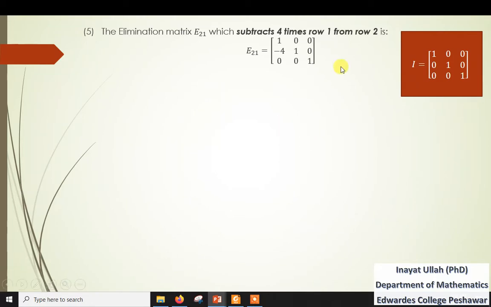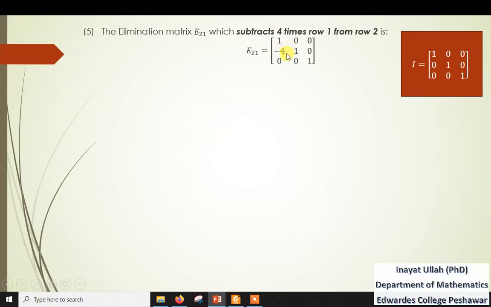First of all, we see that changes will occur in the second row. In this identity matrix, changes occur in this second row, and in the second row 4 with a minus sign is added here.